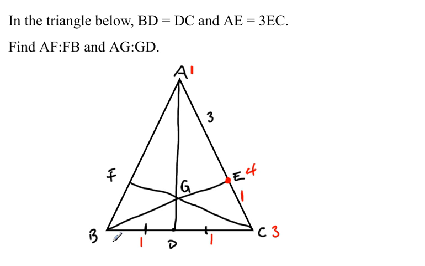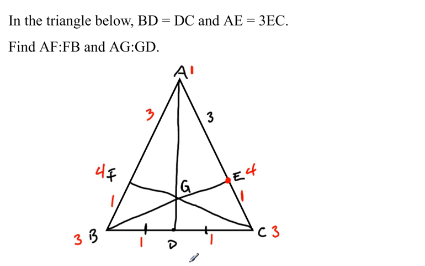So if I have 3 here, I'm going to have 3 over there. And then up here I've got a 1 and a 3, and in order for this last segment to balance, I put a 1 here and a 3 here. So 3 times 1 is 3, 3 times 1 is 3, and the total mass at F is the sum of A and B, or 4.